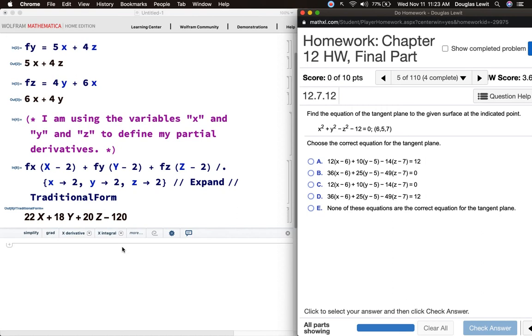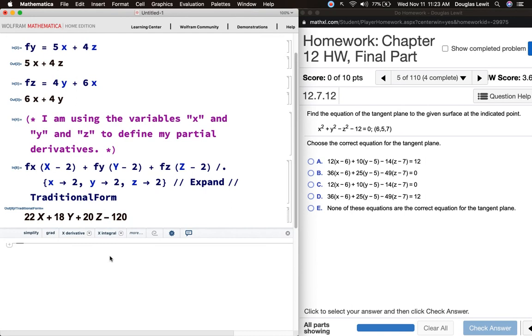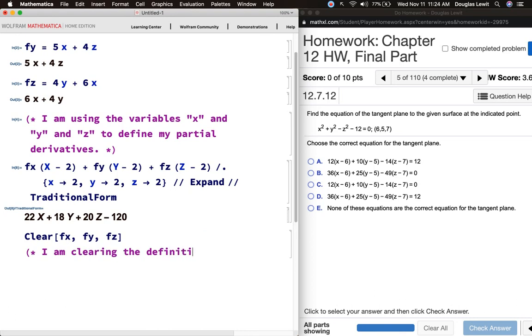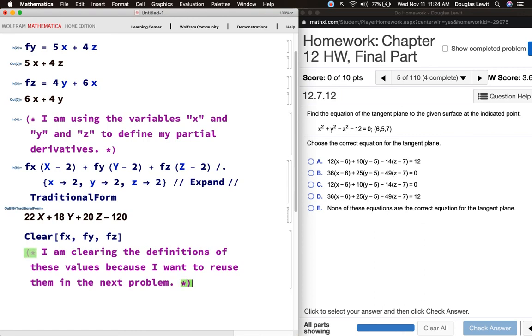Okay, so clear fx, fy, fz. I am clearing the definitions of these values because I want to reuse them in the next problem.